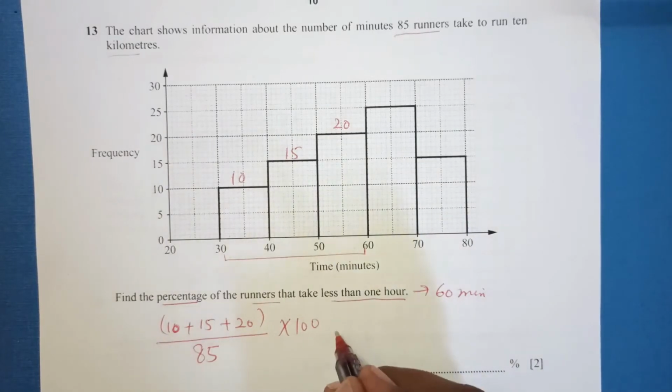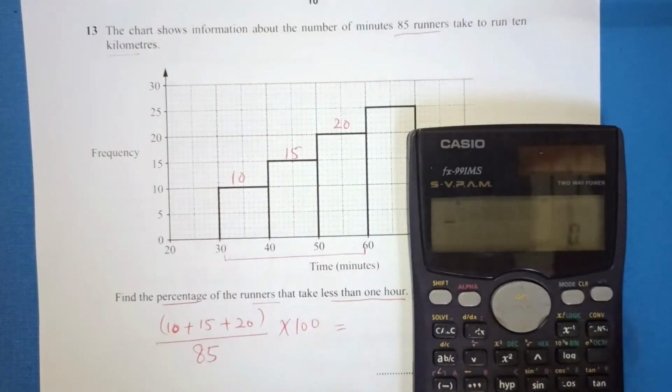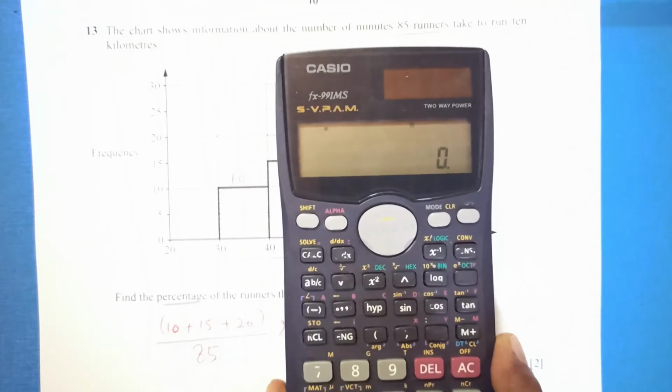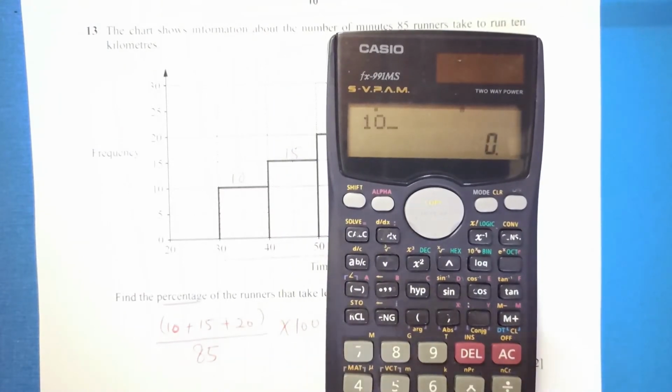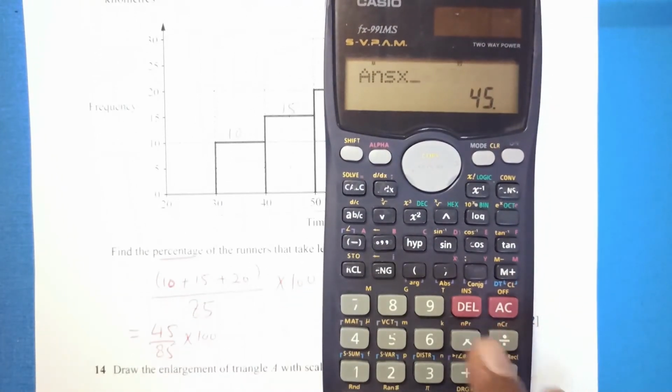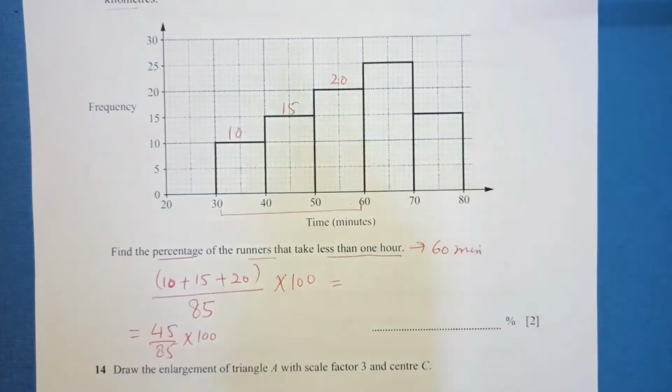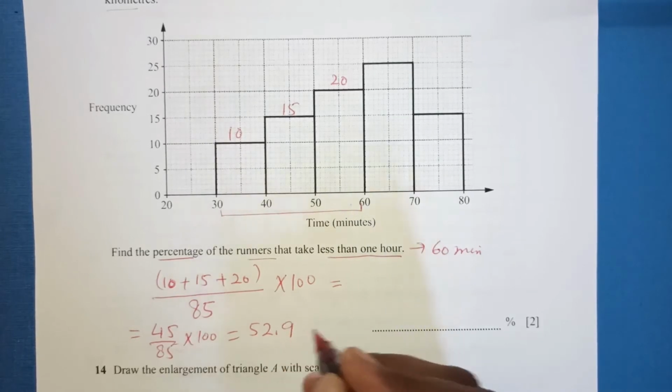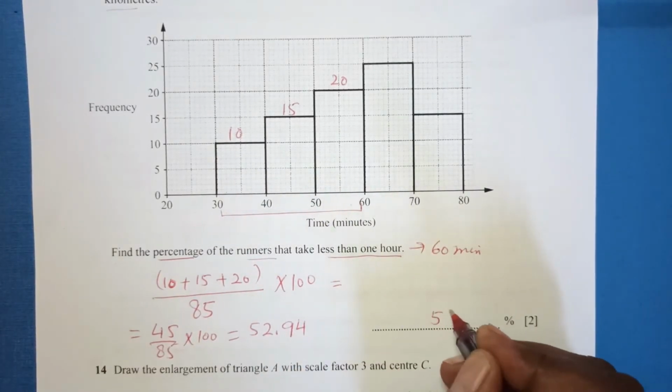So when you simplify, it is 10 plus 15 plus 20, which equals 45 over 85 times 100. 45 times 100 divided by 85 gives us 52.9. So that is our answer.